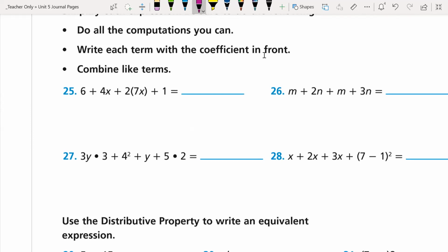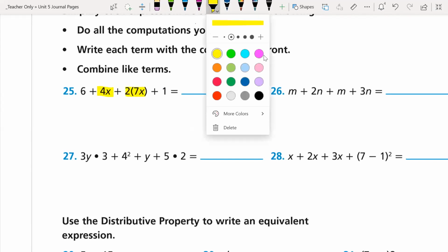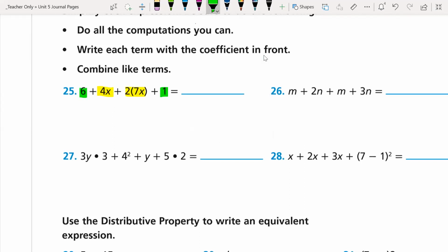It looks like I'm going to color code these for you because that's how my brain works. Here are all my x's. Here are all my not x's. I need to combine the greens and I need to combine the yellows. Not the greens with the yellows. I need to combine the yellows and the yellows and the greens and the greens. And so that's what I'm going to do.